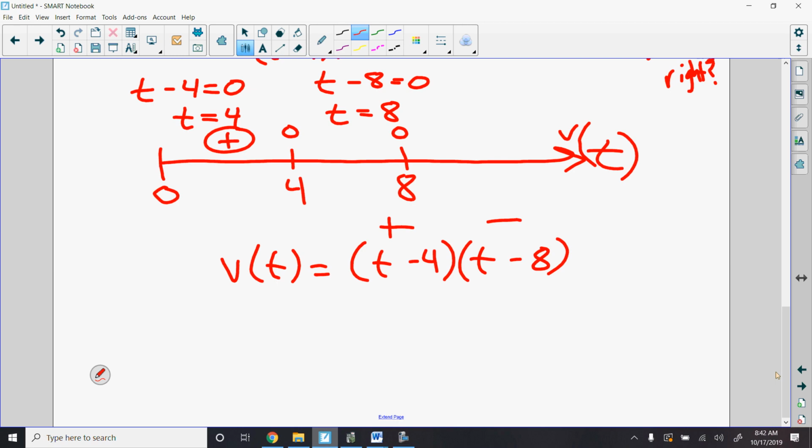That's a negative number. So right now I have a plus times a minus. A positive times a negative is always negative. So I know my velocity is negative at t equals 5. But not only is it negative at t equals 5, it's negative for every t value between 4 and 8. So I'm going to put a little negative up here.